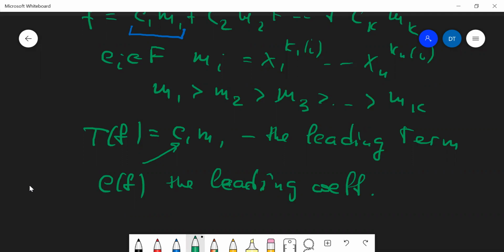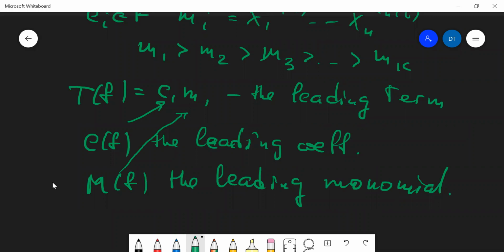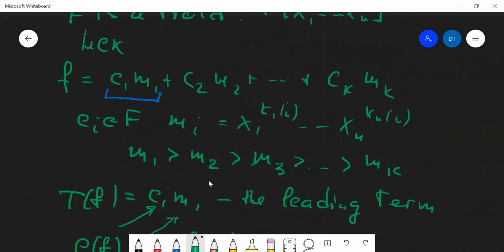And m1 is called the leading monomial and is denoted by lm of f. And there is a special name for this part.